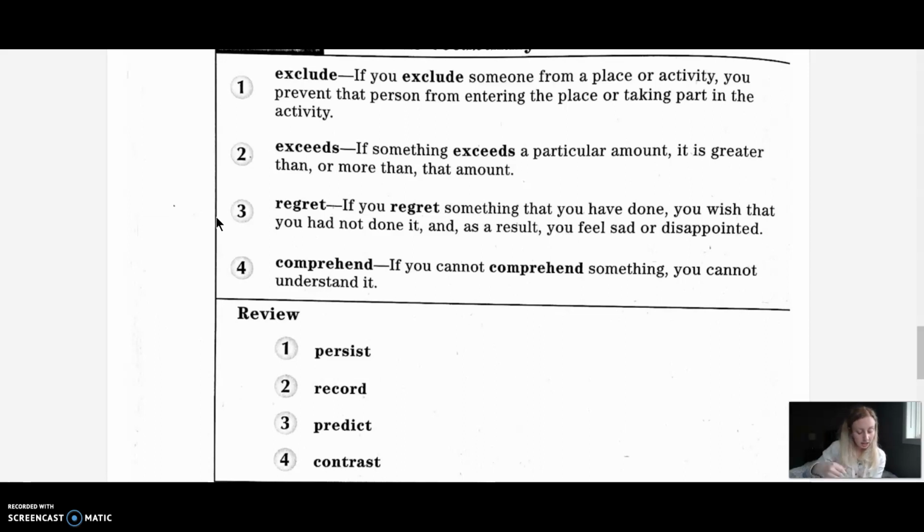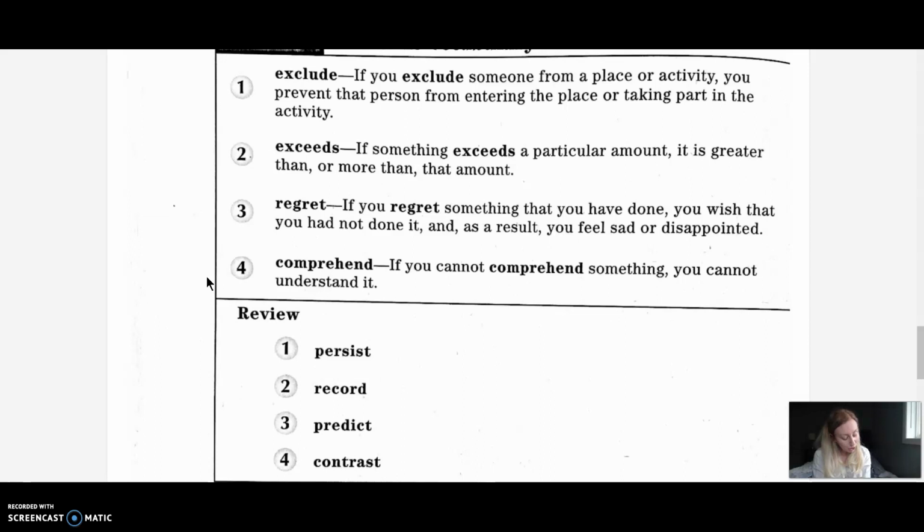So, next one, number 4, comprehend. If you cannot comprehend something, you cannot understand it, okay? So if you comprehend something, that means you're understanding it. So if you have read the same paragraph 3 times and you still don't understand it, you say, I'm having trouble comprehending it.